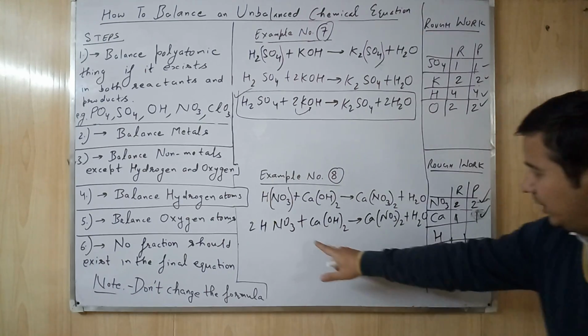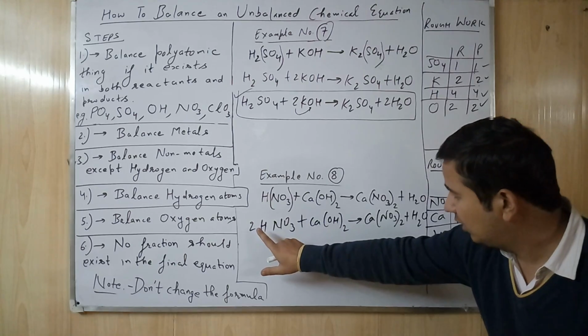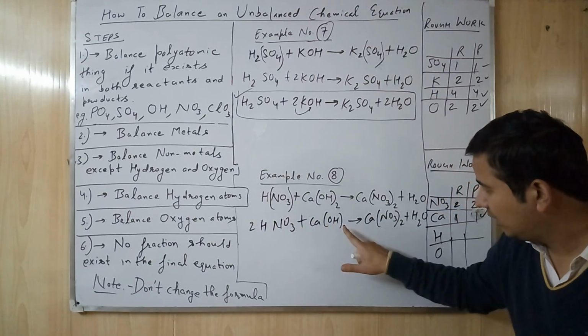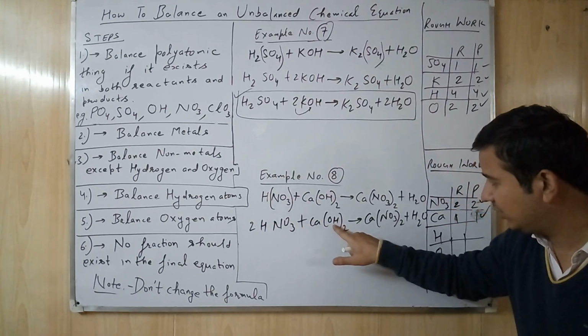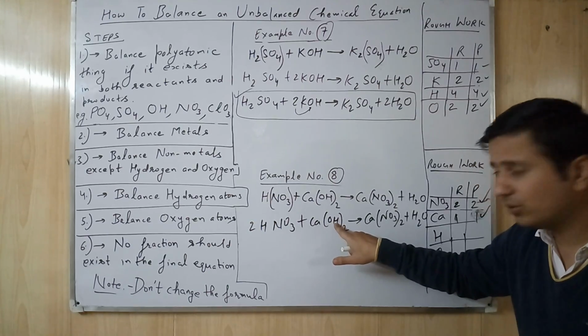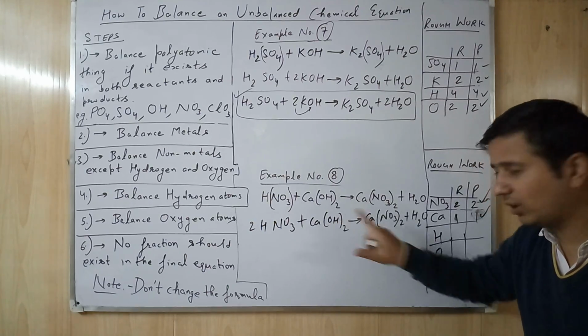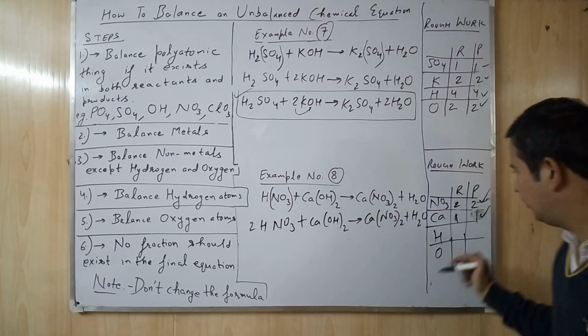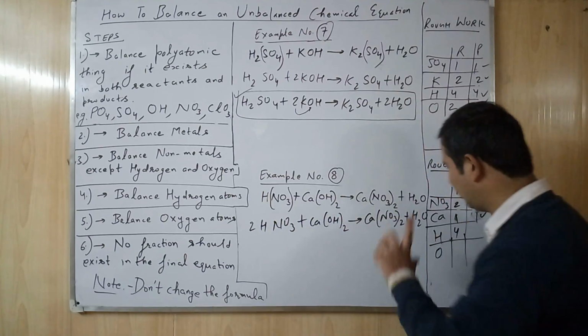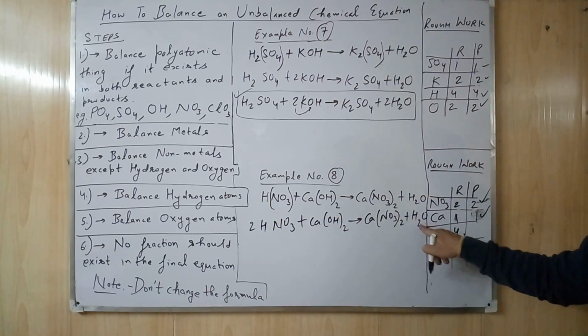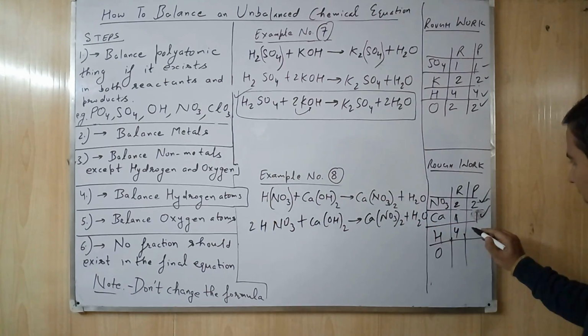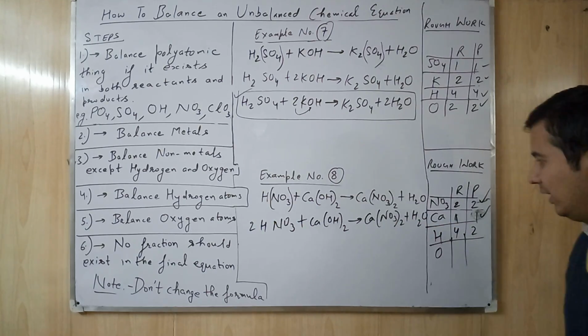Now H: how many H atoms are there? This 2 belongs to the oxygen atom and the hydrogen atom separately: 2 for oxygen, 2 for hydrogen, so 2 plus 2, 4. Two hydrogen atoms here, 2 here, so 4. But on the product side you have only 2, so this is unbalanced.